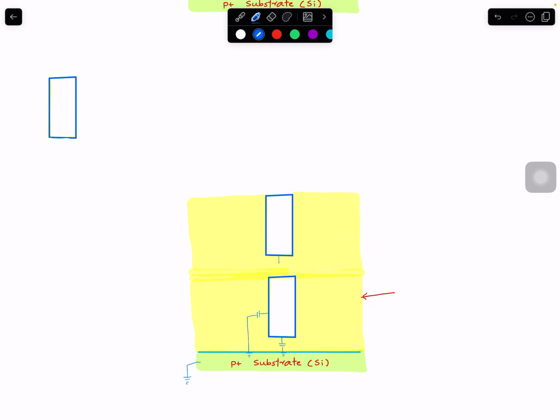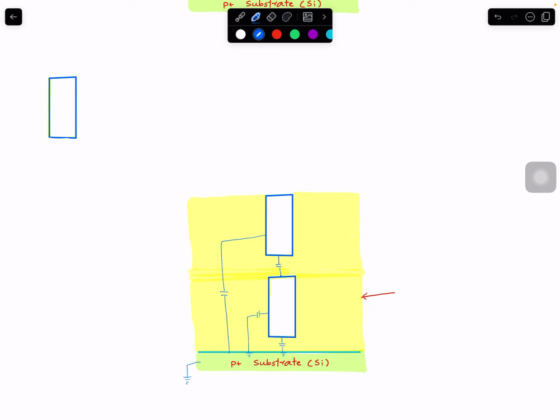What about this one? It has capacitance with respect to this too. And this one also has a capacitance, even though less than this one for the same size, because it is at a higher level, the thickness gets more, so the capacitance is less.